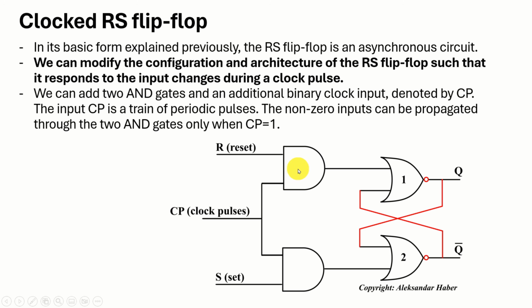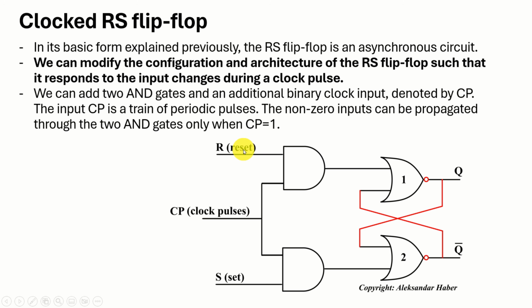We can add two AND gates, here is the first one and the second gate, and an additional binary clock input denoted by CP. The input CP is a train of periodic pulses. The non-zero inputs can be propagated through the two AND gates only when CP is equal to 1. That is, only when CP becomes 1, reset or set can be propagated through these AND gates.